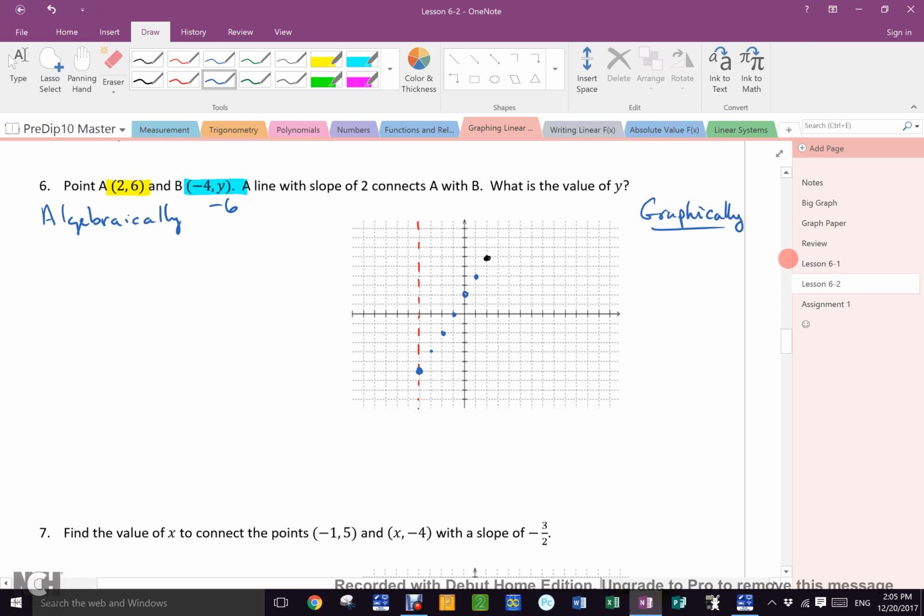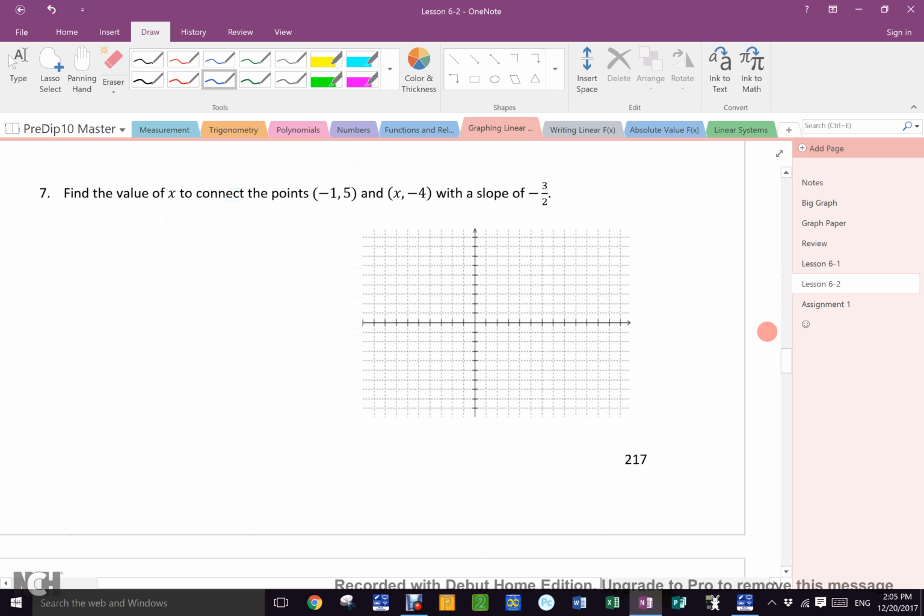Yes? Great. Do the next one graphically. Do that one. Go. Where is the point you can put on the graph? Where you got to go? Tell me what x is.